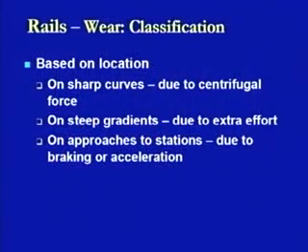Then another one is the approaches to stations. In the case of approaches to stations, mainly the platform area conditions, or you can say the station limit conditions, where heavy application of brakes can be there, or another condition where the train is standing and then has to start. So, there is an application of accelerating force in this case.